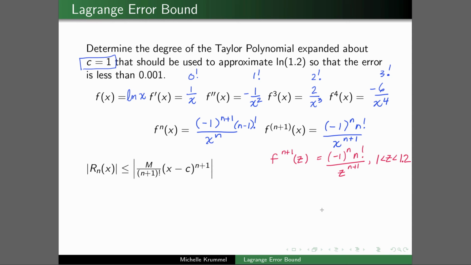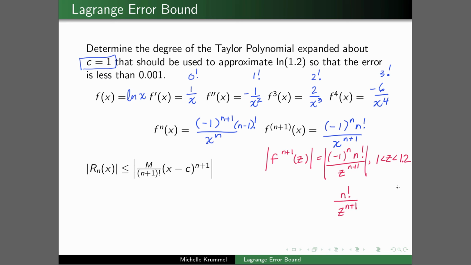When I use the Lagrange error bound, I'm going to take the absolute value. So if I take the absolute value of this derivative, then the negative 1 to the power n doesn't matter. So now I'm trying to figure out what is the maximum possible value of n factorial over z to the power n plus 1 on the interval from 1 to 1.2. Z is in the denominator of my fraction. So the value of my fraction will be largest when the denominator is the smallest. I want to choose a value of z that is going to make my denominator as small as possible.